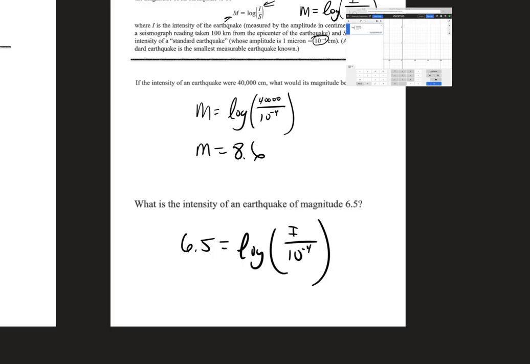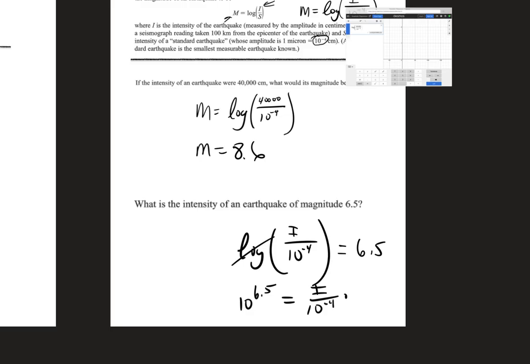Because I need to dig something out from under a log, I'm going to have to change this to an exponential equation. So I'm actually going to put my power on the left. I'm going to make it look like this, and I am going to ditch that word log. I'm going to say 10 to the power of 6.5 equals I over 10 to the negative 4.